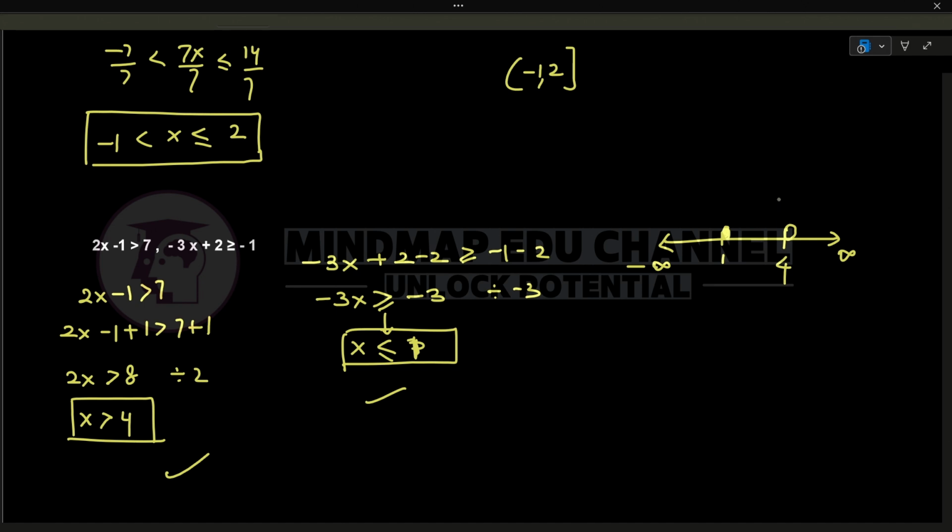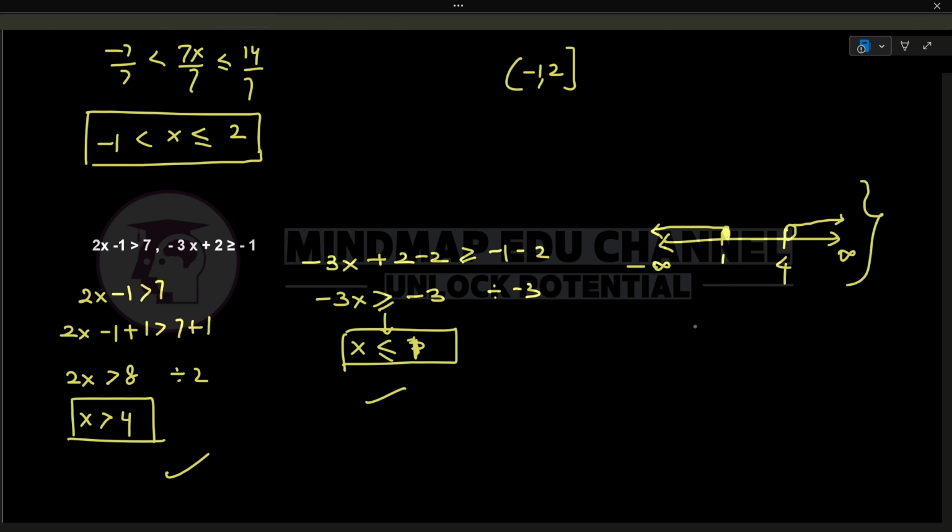So, x is greater than 4, so it will be towards plus infinity. And x is less than or equal to 1, so it will be towards the negative infinity, minus infinity. Clear? So, this is your solution in number line notation.